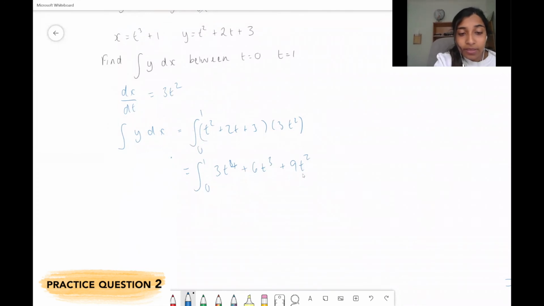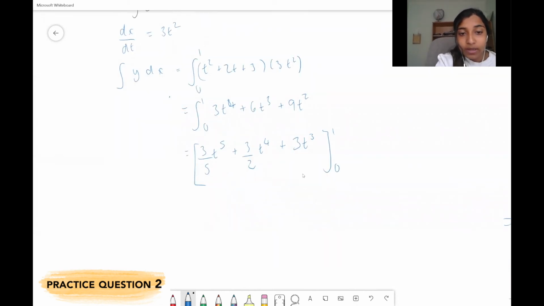Then that would be equal to, if we add 1 to the power, 3 over 5 t to the power 5, plus 6 over 4, which is 3 over 2, t to the power 4. Then adding 1 to this power, t cubed, it would be plus 9 over 3, so that's 3t cubed, between 1 and 0.